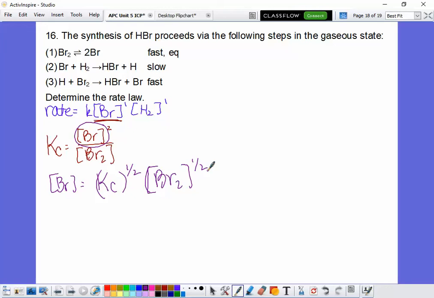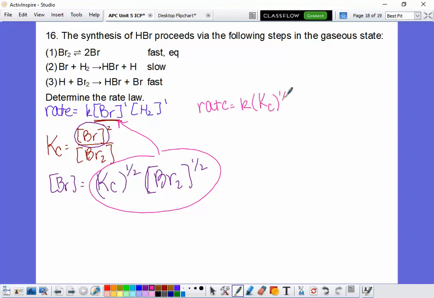All right, so now we're going to substitute in all of this for my Br. So I'm going to get rate equals k times Kc to the 1 half times Br2 to the 1 half times H2, technically to the first, right?